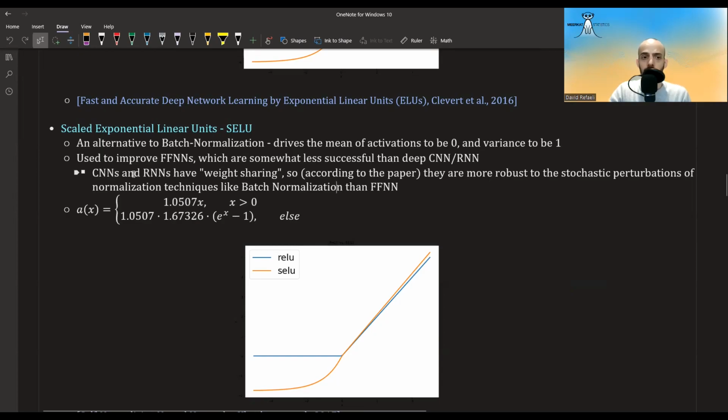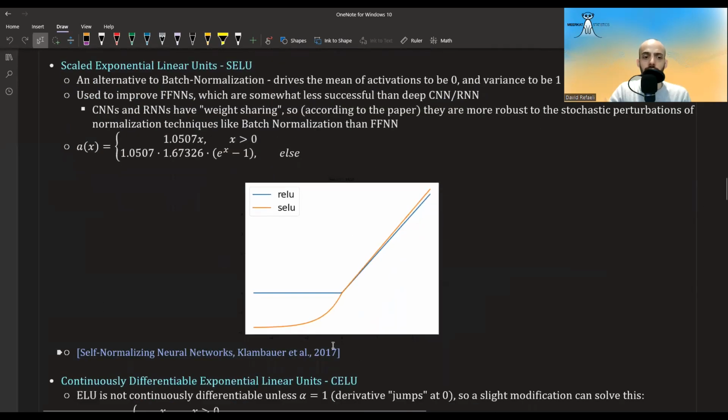So why is that? Well, the authors of this paper over here argue that CNNs and RNNs have a weight sharing property, and this makes them more robust to the stochastic perturbation of normalization techniques like batch normalization. So basically, batch norm allows you to go deeper with networks.